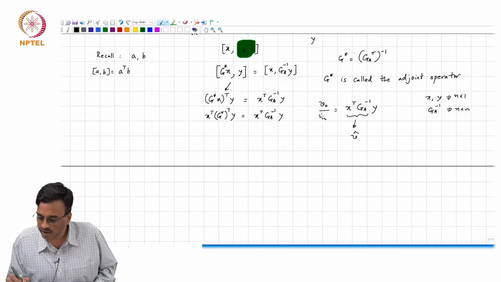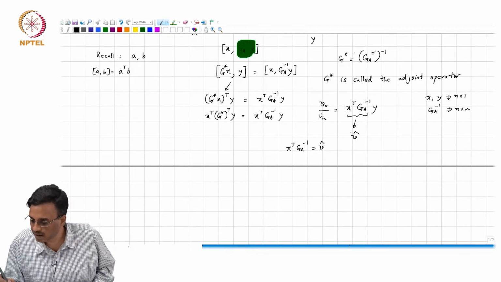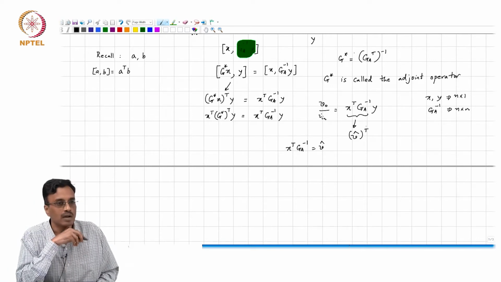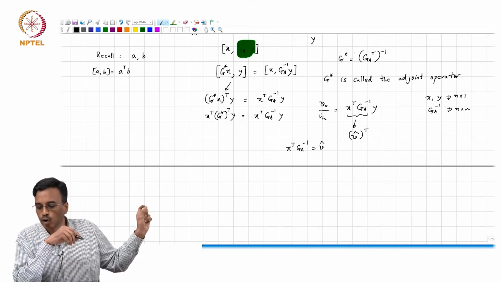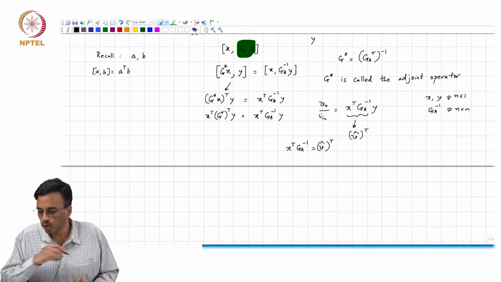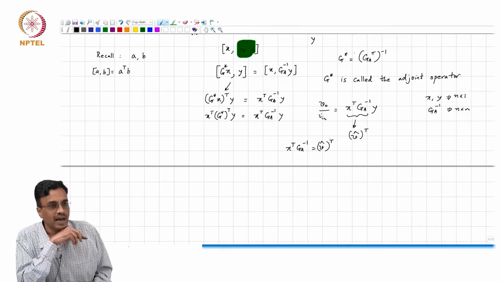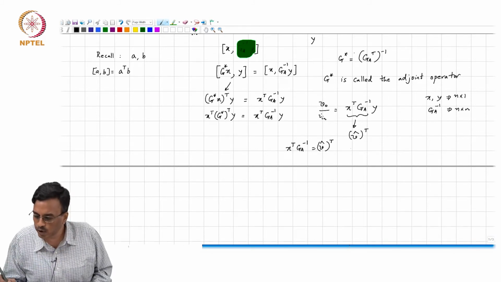So, basically this is saying X transpose GA inverse equals V hat transpose, because I would like to call all my vectors column vectors. So, X transpose GA inverse is a row vector, and if V hat is a column vector, then I can write X transpose GA inverse as V hat transpose, which is equivalent to saying, what does this mean?